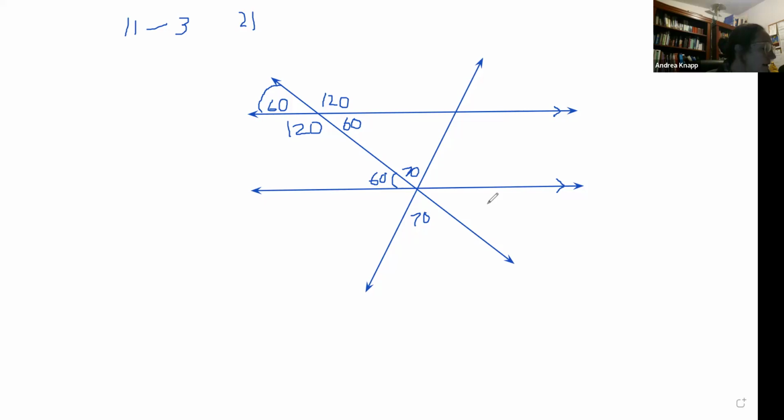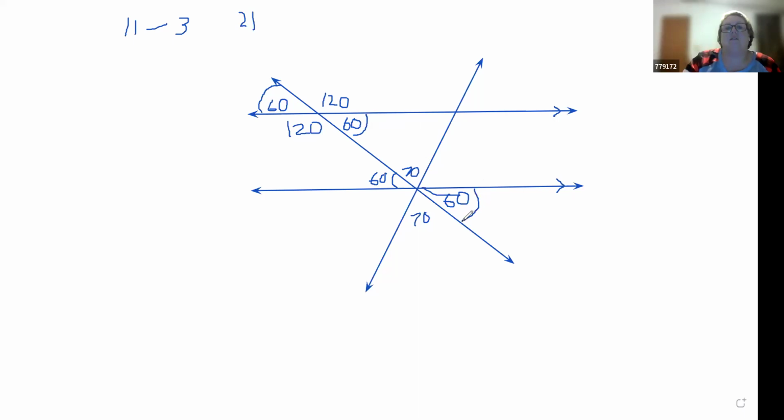Yes, I agree. What's your justification? They're opposite. Yeah, vertical angles across. But also we can say it's corresponding to this 60. That's the word I was looking for, corresponding. Couple of ways you could look at that one.